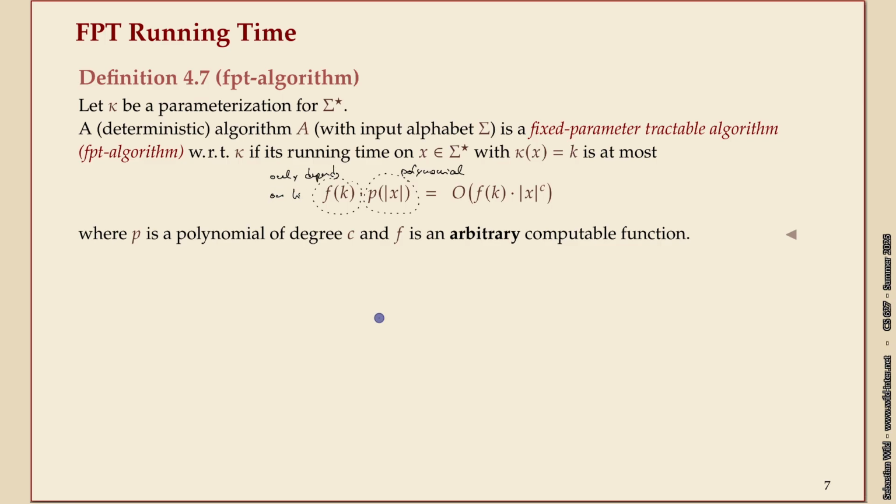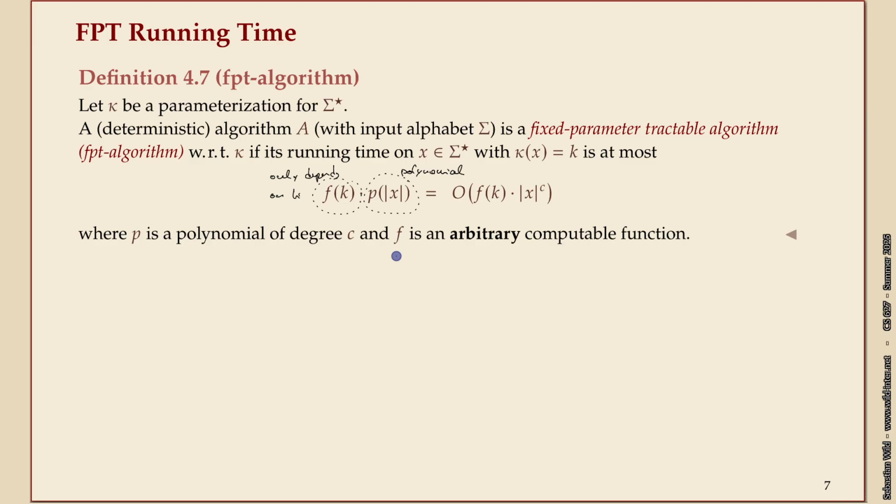And crucially, that's also the only restriction we put there. This function of the parameter is allowed to grow as quickly as it can get. Technically, the restriction that it has to be a computable function, but it could be an Ackermann function or anything. It could be completely crazy.